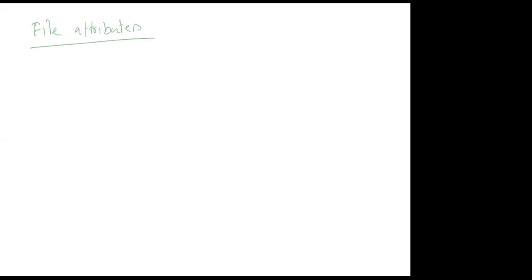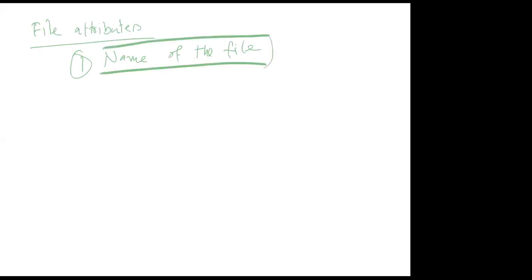One is the name of the file. The file should have a name to identify it or where it is located. So name is one of the major attributes of a file.